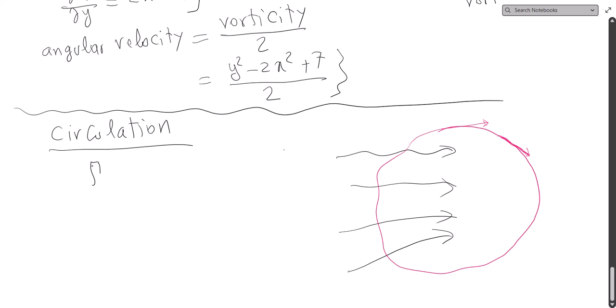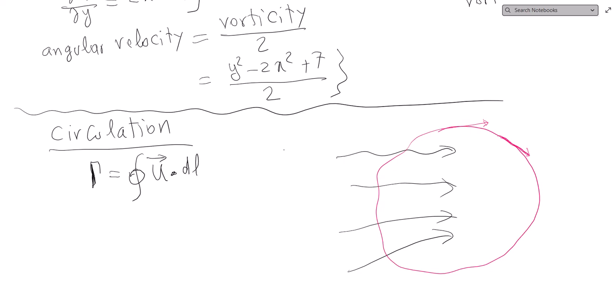Circulation is usually designated by the capital letter gamma, and that is the line integral of u, the velocity field, and dl, which is the line tangent to the field.